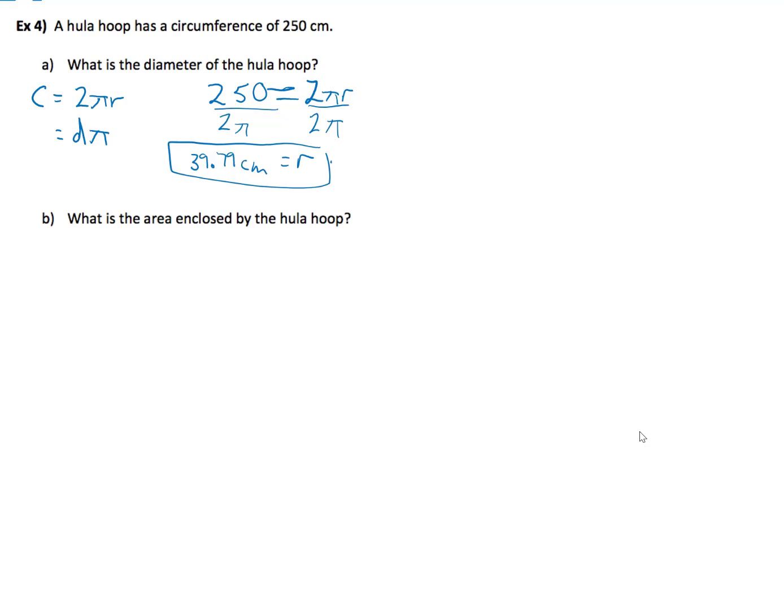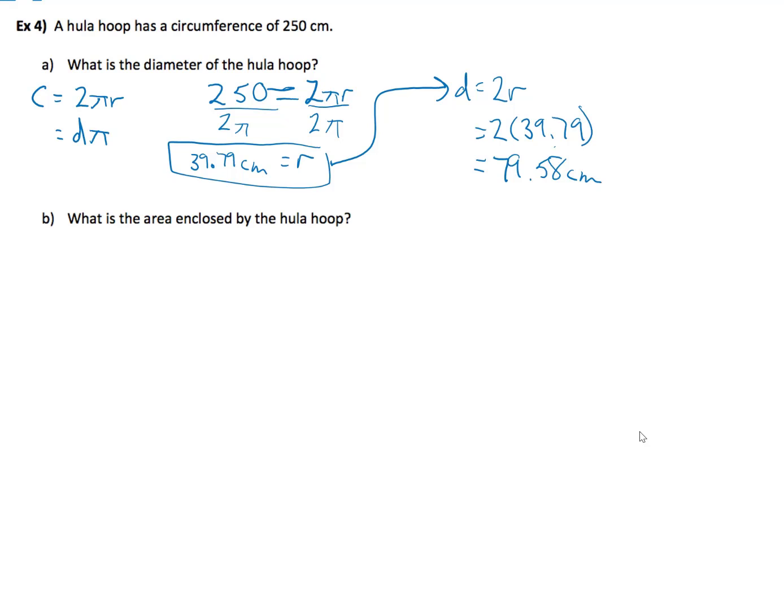Okay, now we can actually use this because diameter is equal to 2r. So 2 times 39.79, which is just equal to 79.58 centimeters.